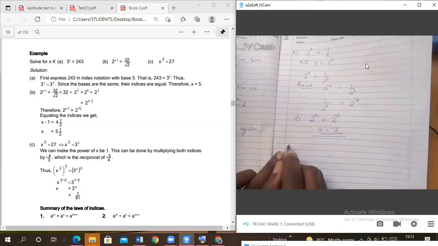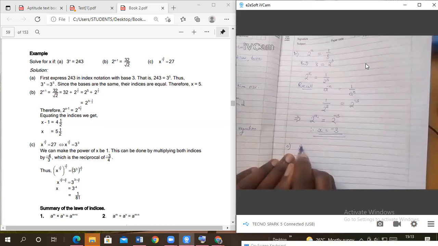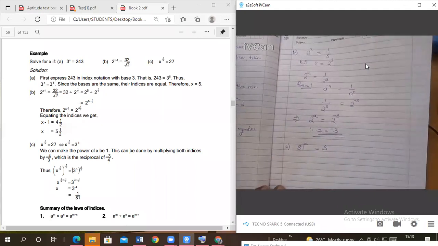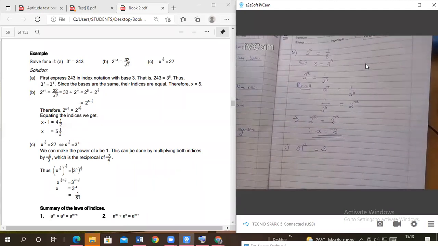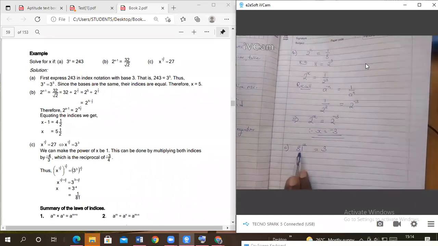Let's look at C. In C, we have 81 to the power x equals 3. The lowest base here is 3. So we have to make 81 have a base of 3.